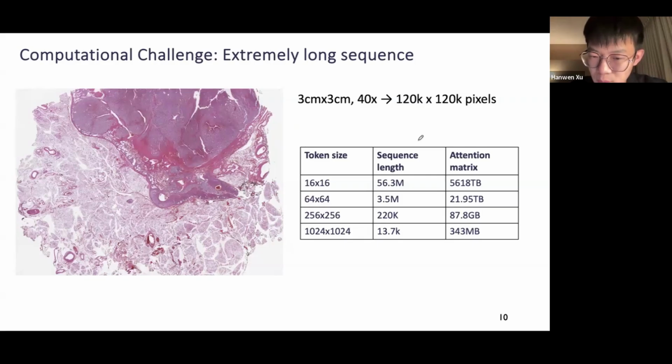As we can see, even if we use a very large token, which is pretty uncommon in the general domain, for example 256 by 256 or even 1024 by 1024, the memory cost for storing the attention matrix is still very large. If we are training a modern vision transformer model with billions of parameters, the memory cost far exceeds what a current high-end GPU like the A100 can handle. So this problem is very severe.